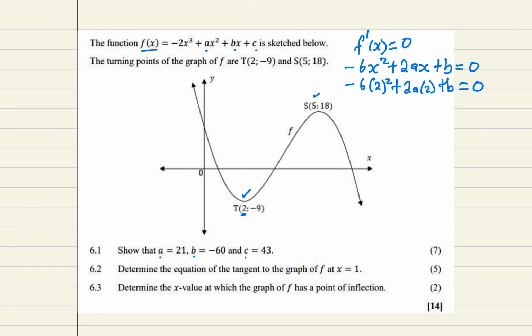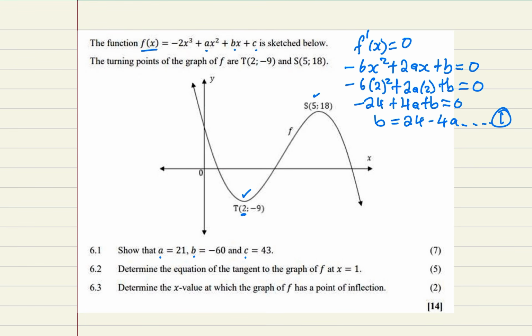Then 4 times 6 gives us negative 24. So we have negative 24 plus 4a plus b equals 0. Take this to the other side, so b equals 24 minus 4a. This is our equation 1.